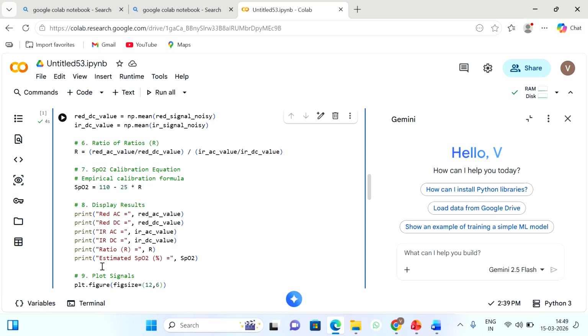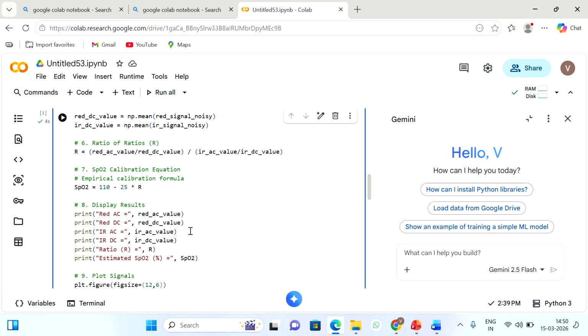So if we display the results, print red AC is equal to red_AC_value, which we have already determined. It displays the AC value, DC value, ratio R, then the estimated SpO2.